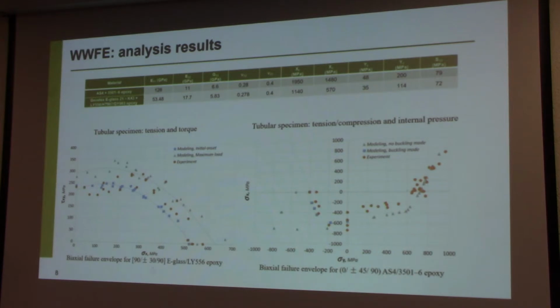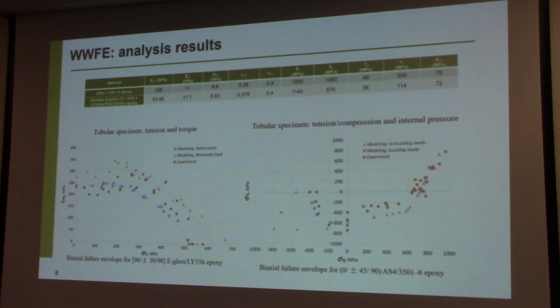This failure model was applied for the verification based on worldwide failure experimental data. As you can see, experimental data also has quite big scatter, because it's quite a complex experiment for biaxial loading of composite material.